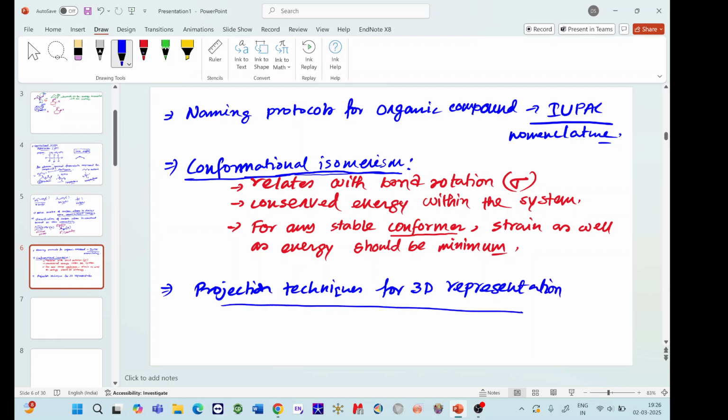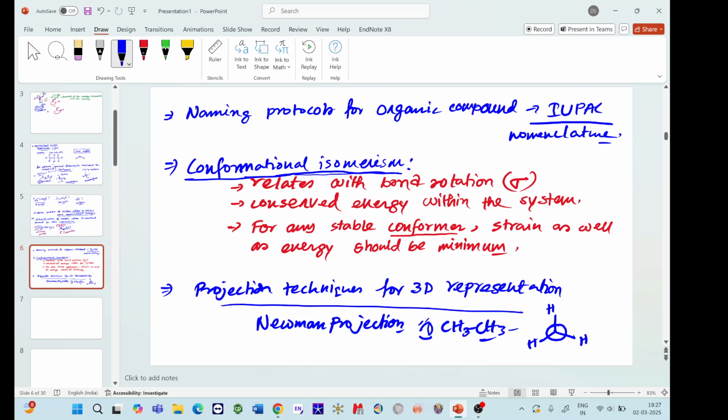Mostly we use Newman projection. What is Newman projection? Let's say you have something simple, CH3, CH3, an ethane molecule. Then you can view along this bond axis, and it will appear like this. You have a carbon atom and you have three hydrogens.